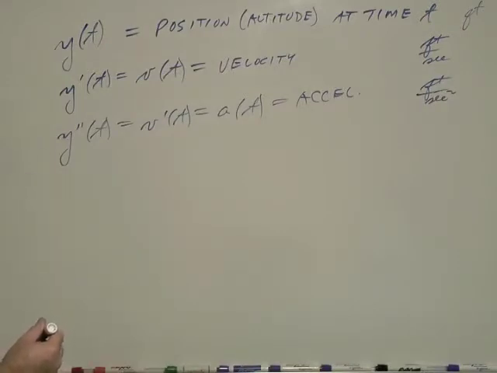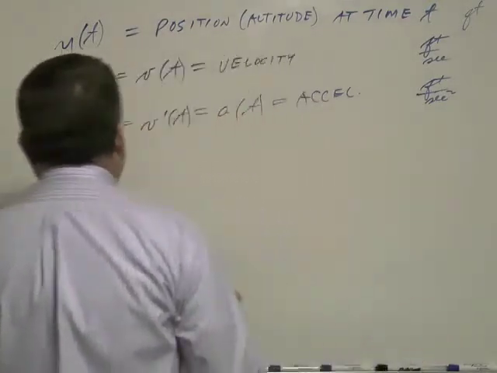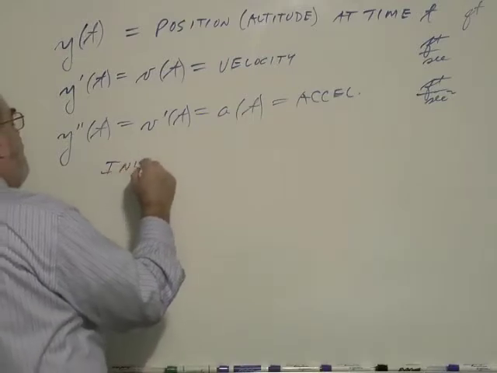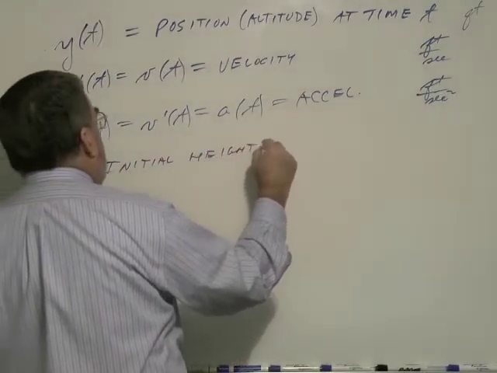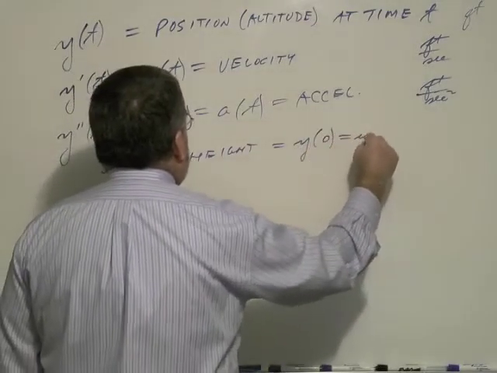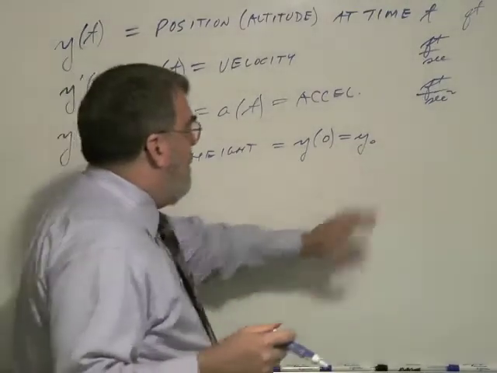Now suppose that we fall from a given height. Suppose that the initial height is y at 0, and we could call that y sub 0, or y naught.